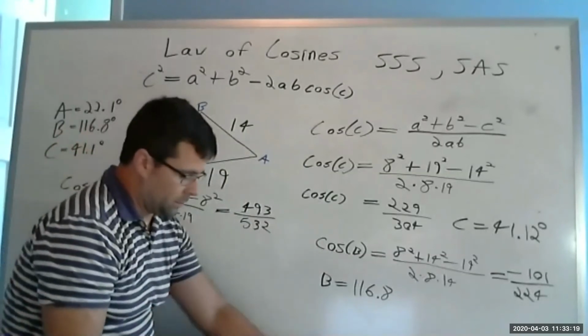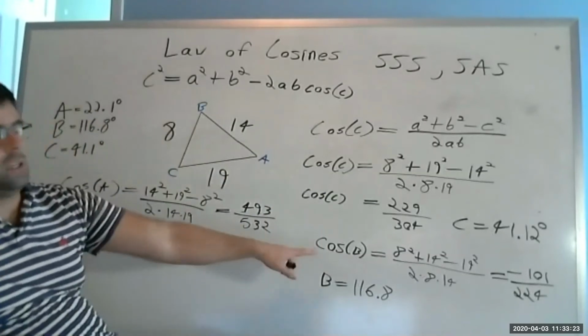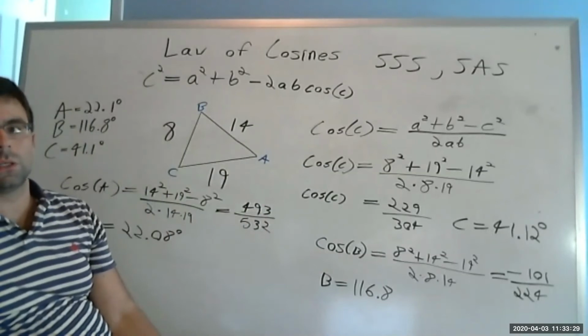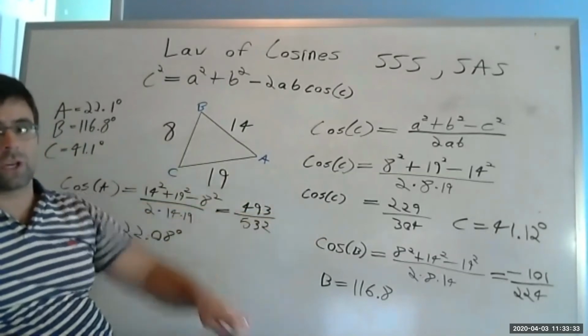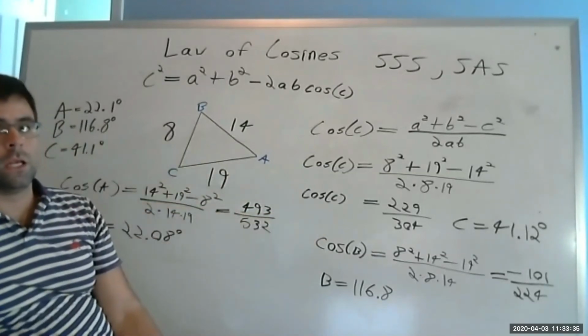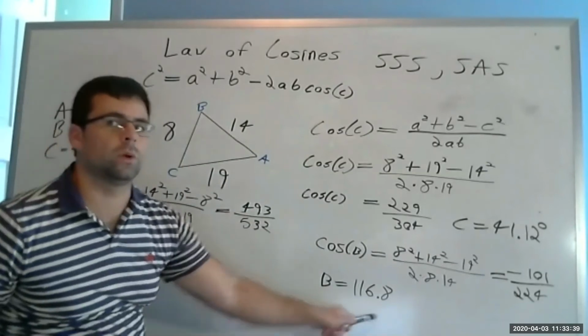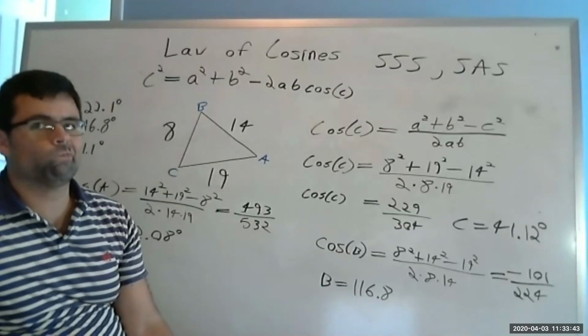So this is an important thing to note, because it's weird that we got a negative for our cosine. If you get a negative out of your cosine, that means that the angle, does anybody know what it means about the angle? Are you talking about the sides?